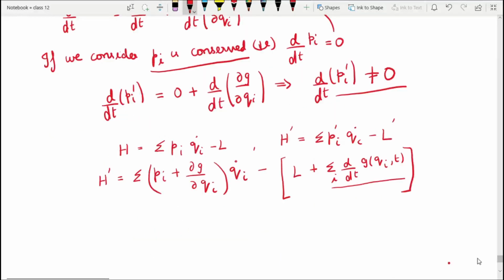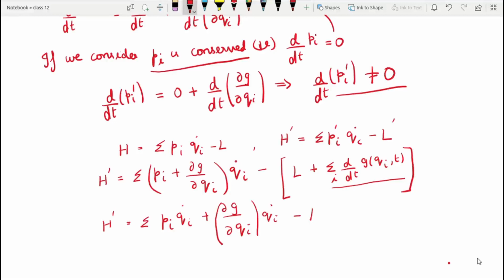We will get H prime as summation over pi qi dot plus dou g by dou qi qi dot minus L plus d by dt of g; we can substitute the value here.